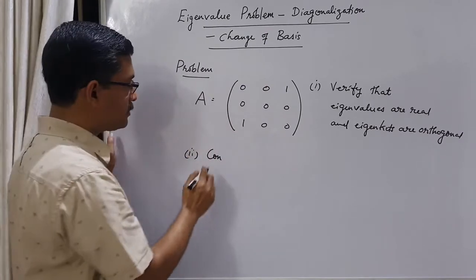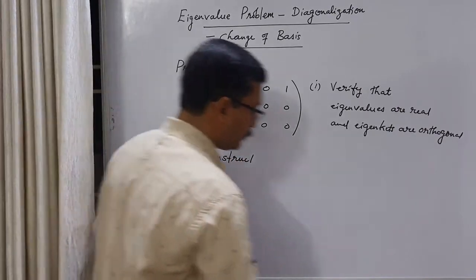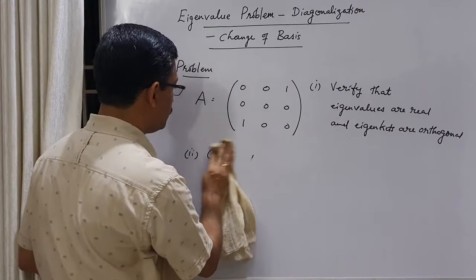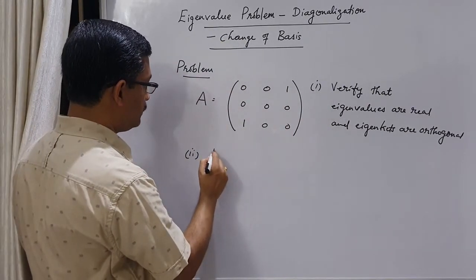And secondly, let's try to diagonalize this. So for that you first want to find out the eigenvalues and eigenkets.